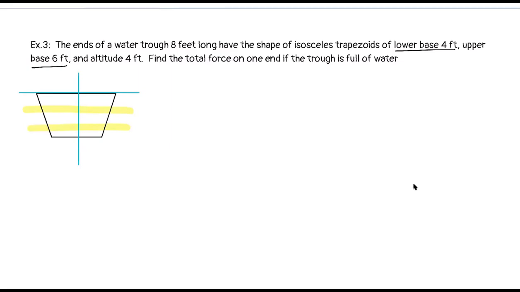So because I know I'm going to need an equation, I'm going to start to label some coordinates. For example, if I know that the upper base is 6 feet, what are the coordinates of those 2 points? -3 and 3. -3 and 3.